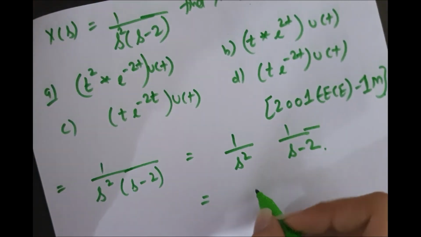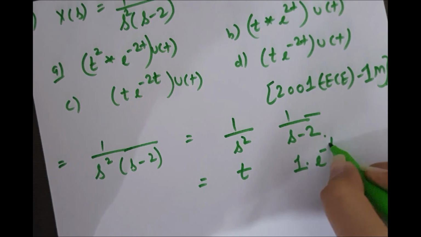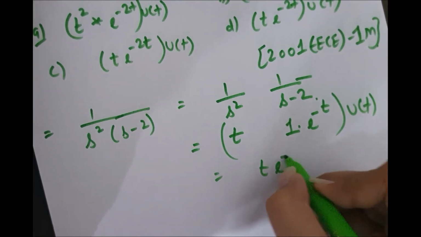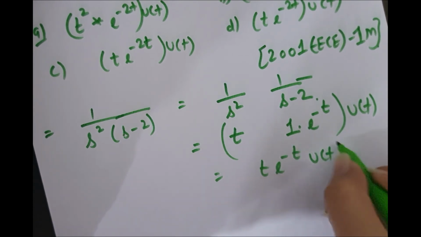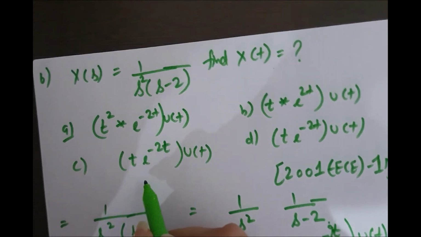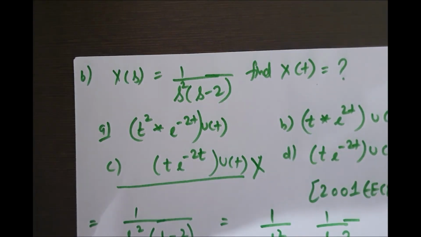This is t and this is exponential 2t u(t). This can be written as t exponential 2t u(t). Sorry, 2t, 2t. This is the option, but this is the wrong one. Here we are asked to write it in a proper mathematical form.